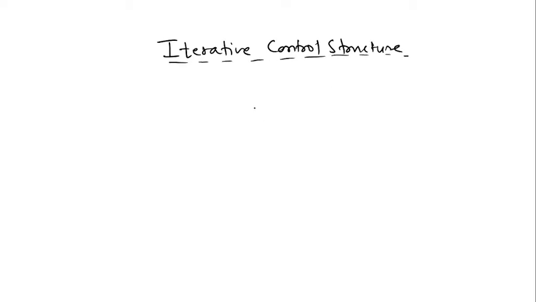Now let us first understand what all the things we will be having under iterative control structures. So iterative control structures, also called looping control structures, deal with loops.